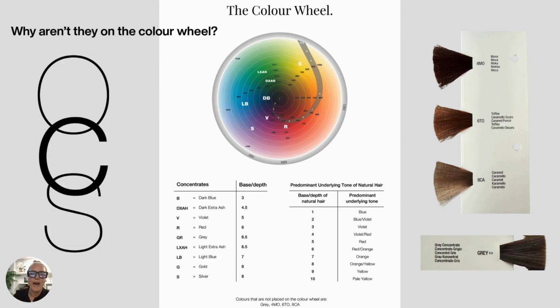So if we go back to this chart here, if they're at a 2, you're going to expose violet, red, orange, and yellow before you are able to get them to that pale yellow place, depending on what they've got going on with their hair.